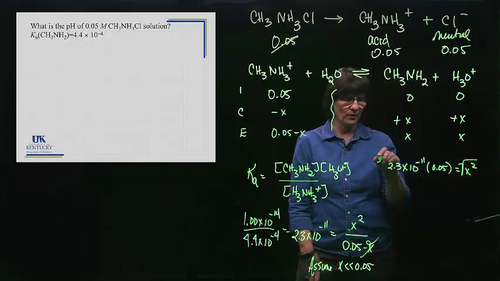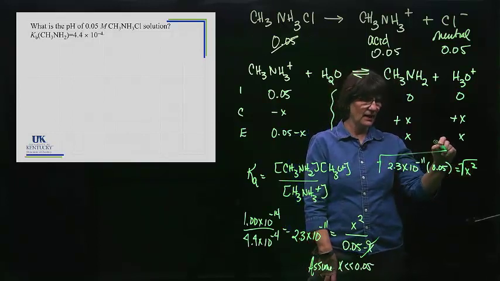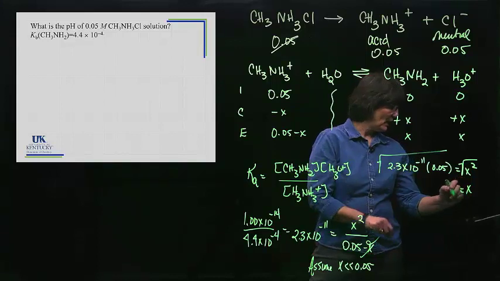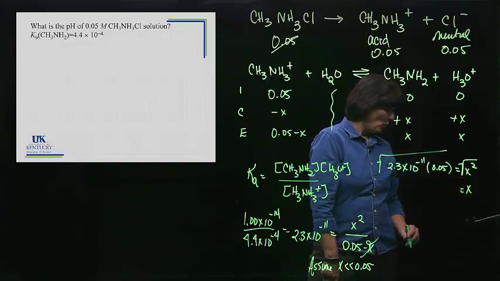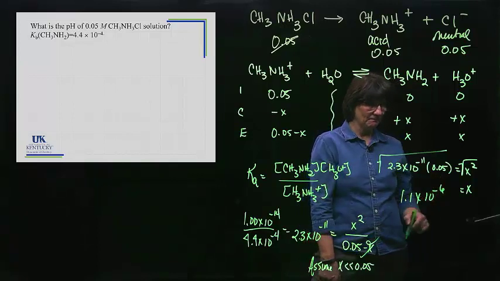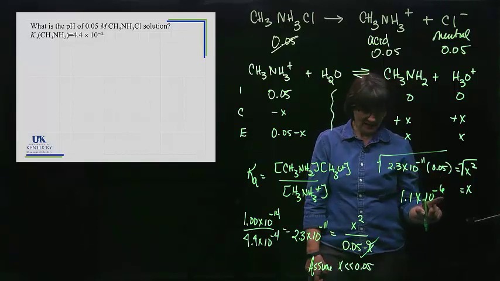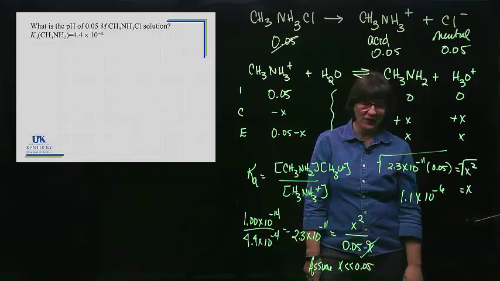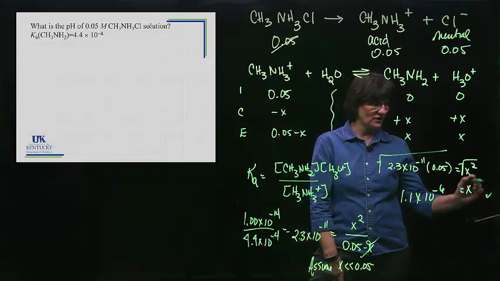Take the square root of both sides, okay, and then that will give me an x value equal to 1.1 times 10 to the minus 6. Check your assumption. Is that very small compared to 0.05? Sure is. It's a good assumption.